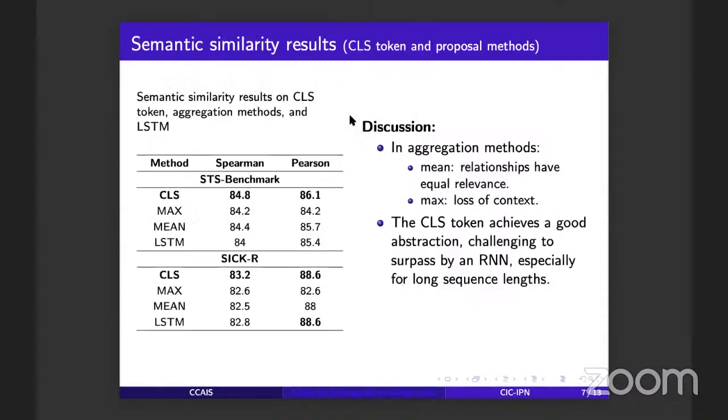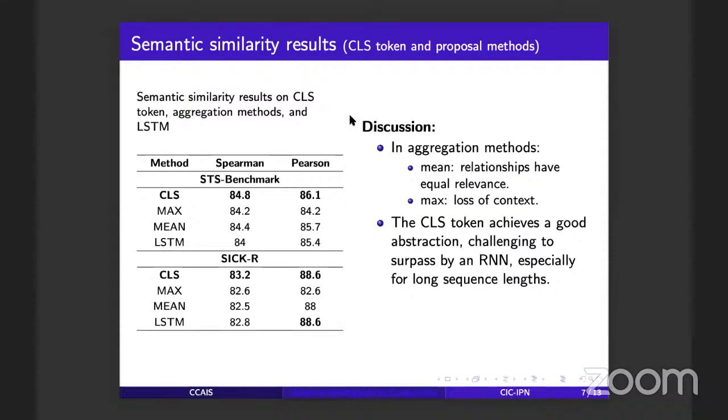These are the results of semantic similarity. You can see the CCAIS token was superior in Pearson and Spearman correlation with respect to my proposal methods. But what happened here? Well, in aggregation methods, in the case of min pooling, we consider the relationships to have equal relevance, but that is not correct because in the sequence you have stop words.